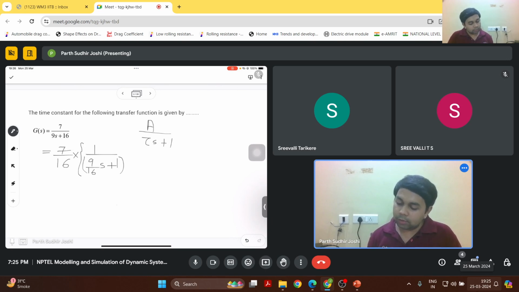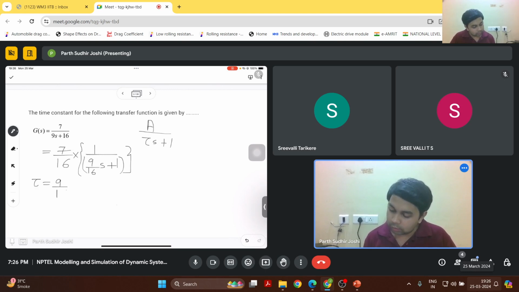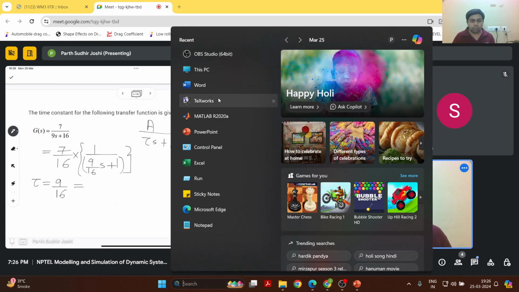So whatever is in the curly brackets is in the form of 1 upon tau s plus 1. So then we can say that tau is basically 9 by 16. That will be our time constant in this case.